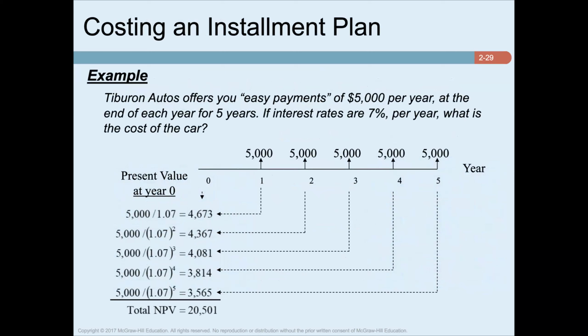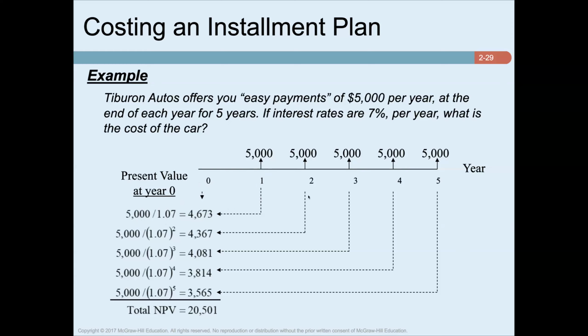So Tiburon Auto offered the easy payment: $5,000 per year at the end of each year for 5 years. The interest rate is 7%. What is the cost of the car? This is now, year 0. In year 1 you pay $5,000, discounted back by 7%, so now it's 4,673.